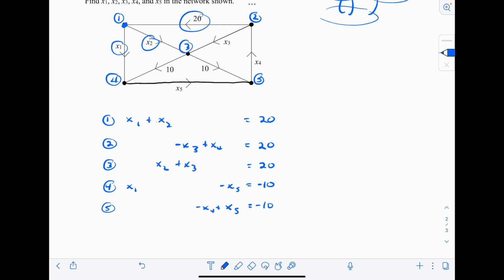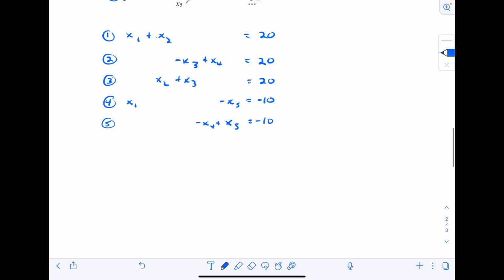So now that I've got my 5 equations, we can go ahead and set up our system.